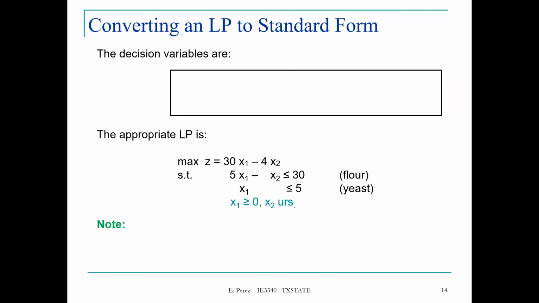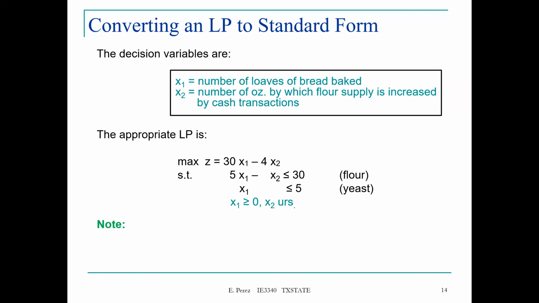So the decision variables for this problem are the following. X1 is the number of loaves of bread baked, and X2 is the number of ounces by which flour supply is increased by cash transactions. So remember, you can sell or you can buy more.